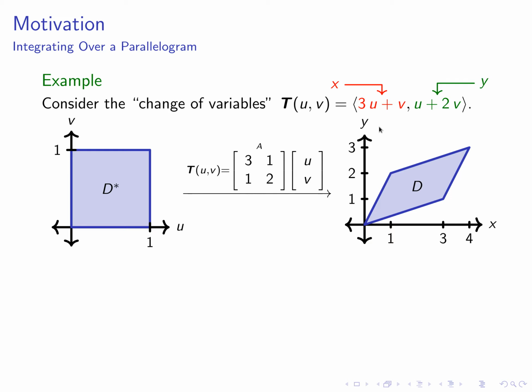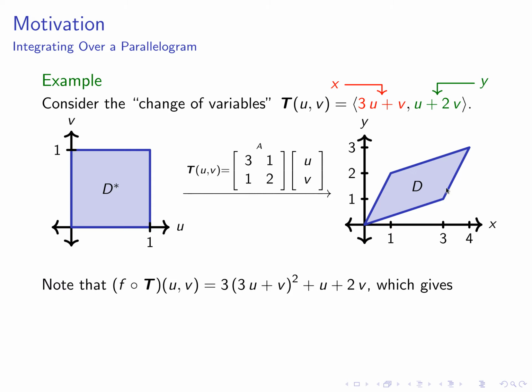We would much rather work with this square on the left, which we're labeling D star, than work with the original parallelogram D. And this change of variables function, capital T, helps us relate information inside of D star to information inside of D.